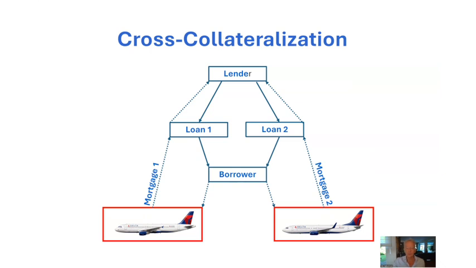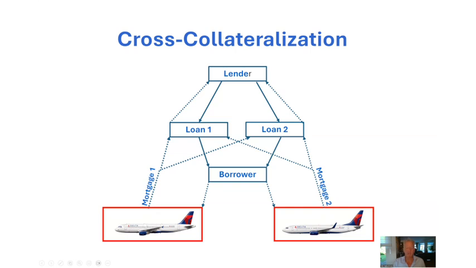Now, if we do cross-collateralization, what happens is that the mortgage over this aircraft secures primarily loan number two, but also to the extent that there's any remaining value in the mortgage after we've satisfied loan two will go towards loan one to satisfy that, and vice versa.